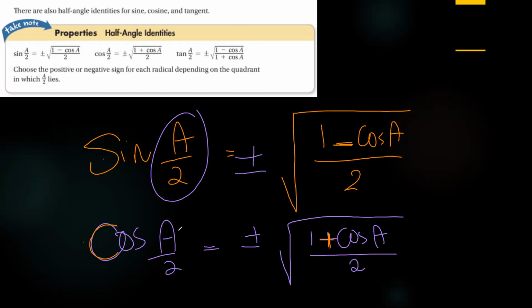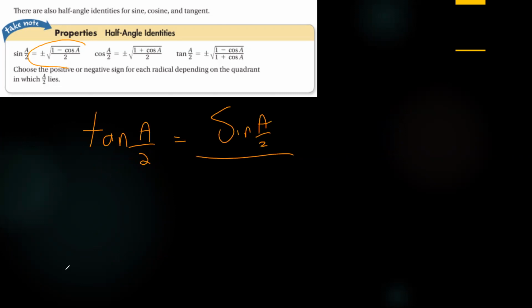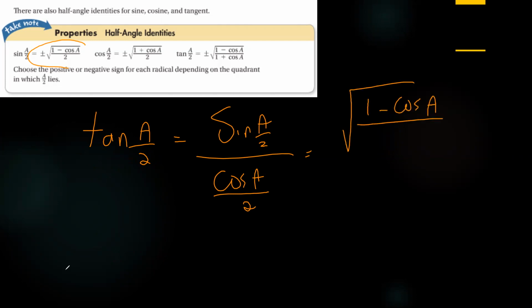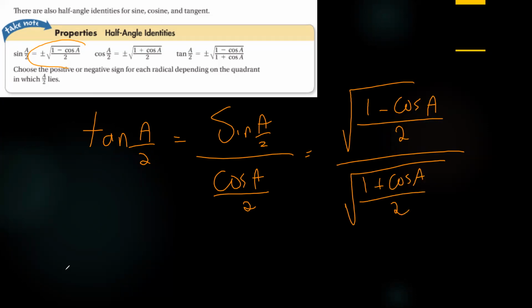Now, how will we find the tan? In order to find the tan, we know that tan of any angle over 2 will be its sine over its cosine. So it will be square root of (1 minus cosine A) over 2, over square root of (1 plus cosine A) over 2. Then all of us know that the square root is like the exponents.